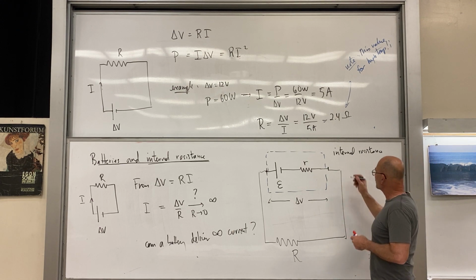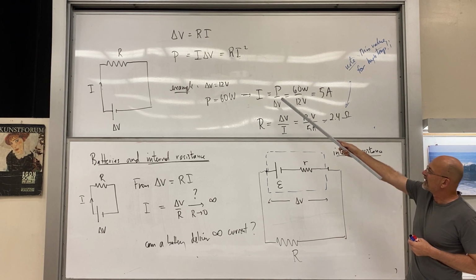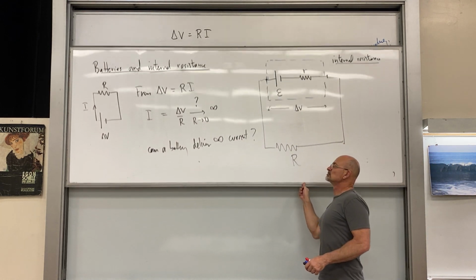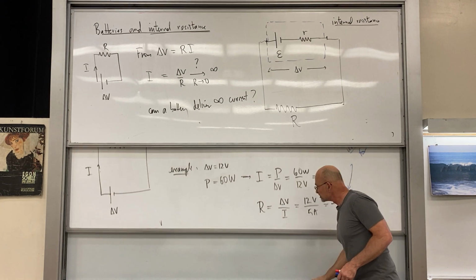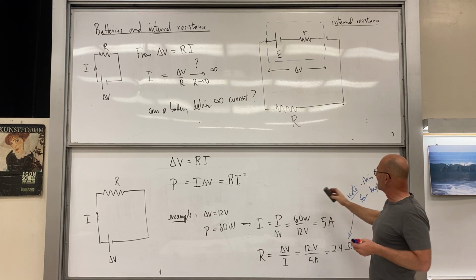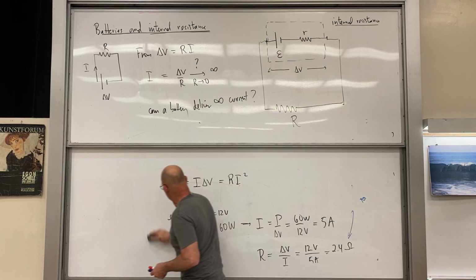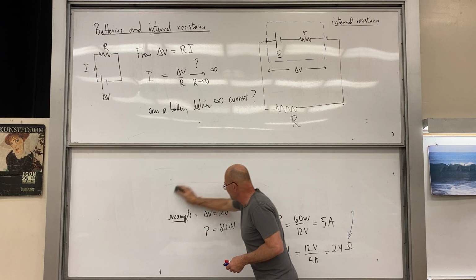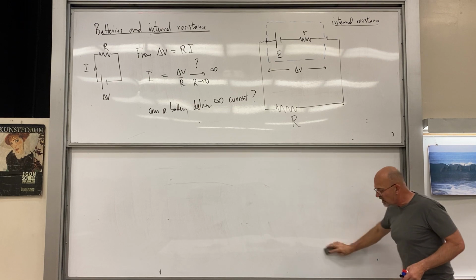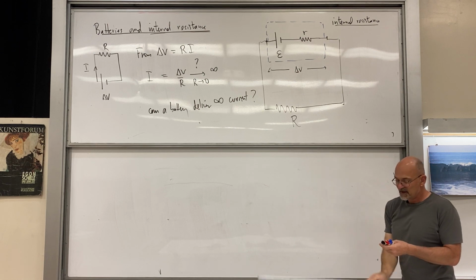So the battery has an internal resistance, but we can do the same analysis that we did up there with this battery. Now we have 2 resistors instead of 1. So Ohm's law still holds, but this internal resistance cannot be changed.